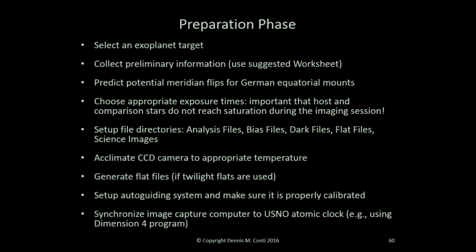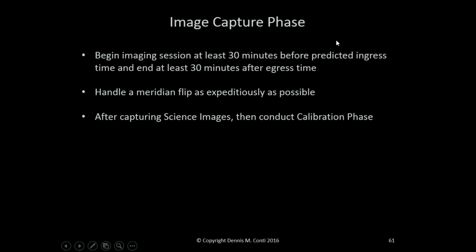And as you recall, we suggested a good piece of software to do that is the Dimension 4 software. So the next phase after all the preparations have taken place is to do the actual image capturing. The suggested observation time for an exoplanet observing session is at least 30 minutes before the predicted ingress time and up to at least 30 minutes after the predicted egress time.